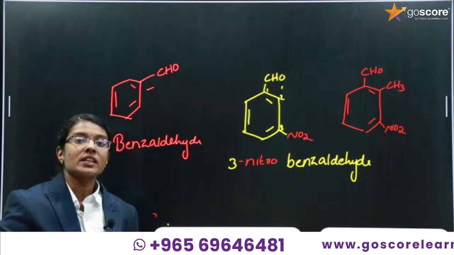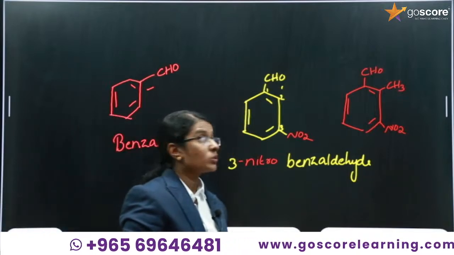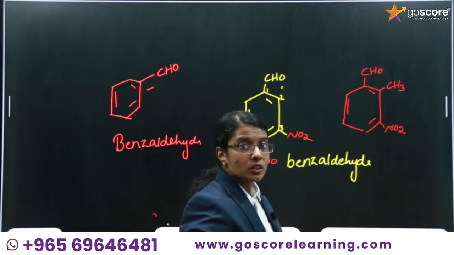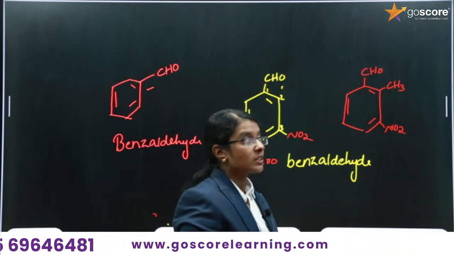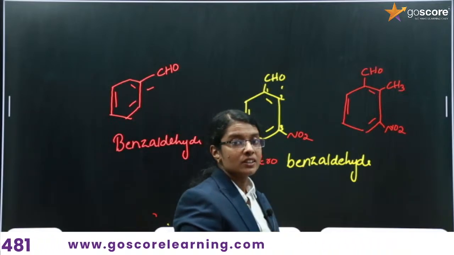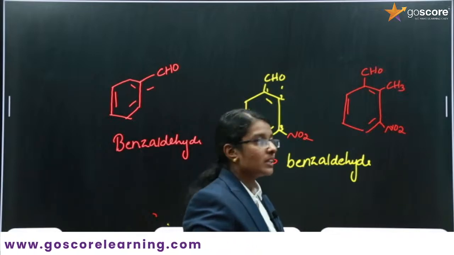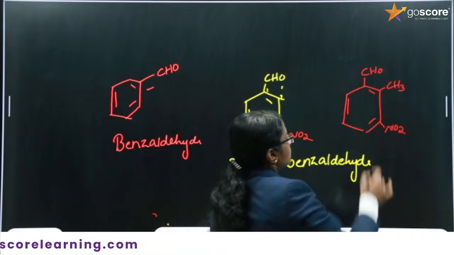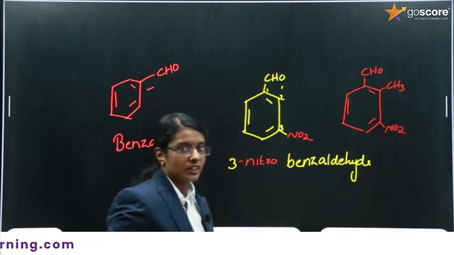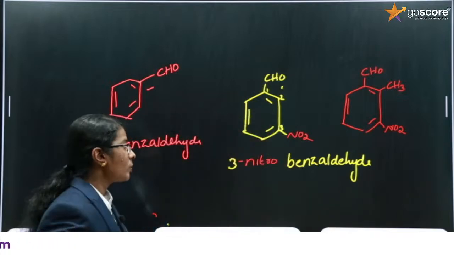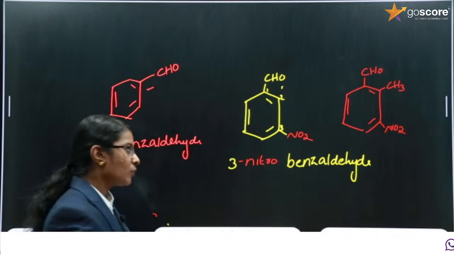In which position does the CH3 group come? In the second position. So it will be 2-methyl, 3-nitro benzaldehyde. Is that clear? I hope the naming is clear for you.